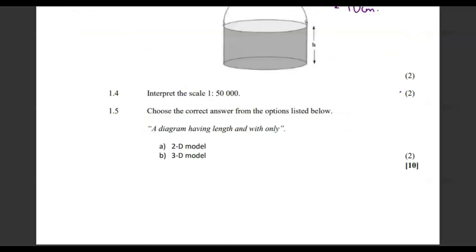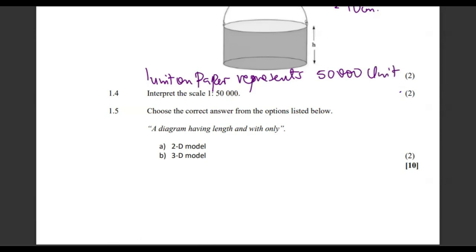Question number 1.4. Interpret the scale. We are saying 1 unit on paper represents 50,000 units in real life.